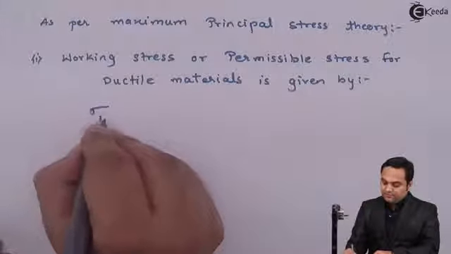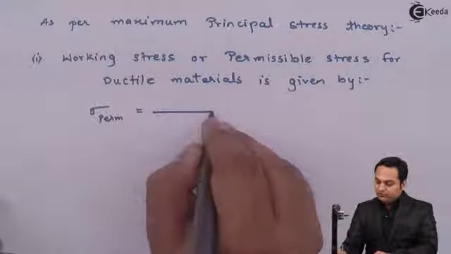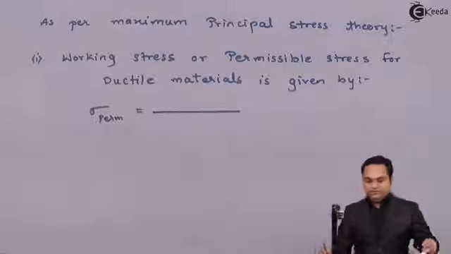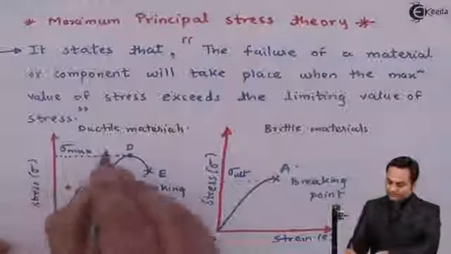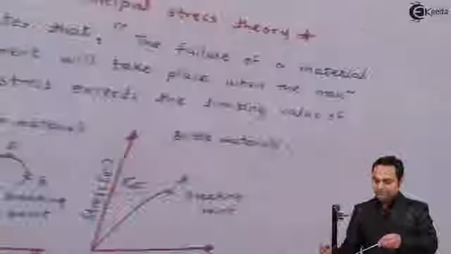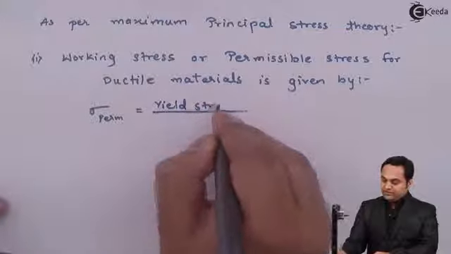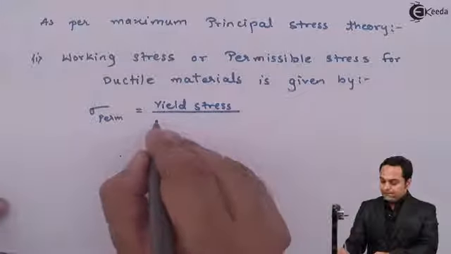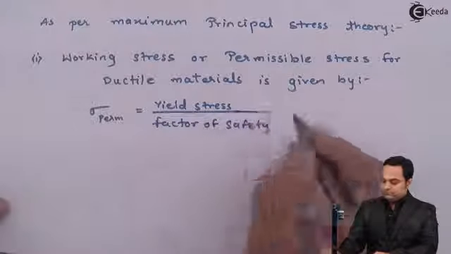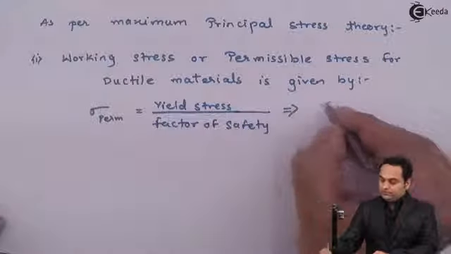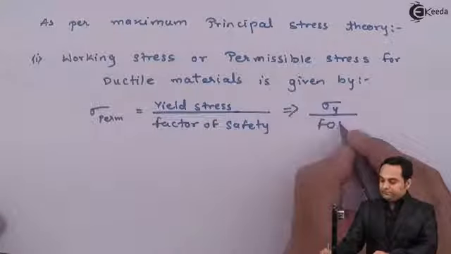I'll write down sigma permissible will be equal to, since we are writing for ductile materials, the maximum stress, which is also called yield stress, sigma suffix y, upon factor of safety. So therefore the permissible stress will become sigma y upon FOS.